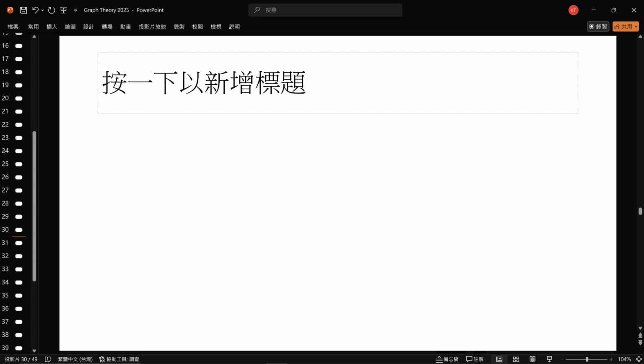So because every component doesn't have a cycle, this implies every component is a tree. Okay? So let C1 up to Ck be the components.